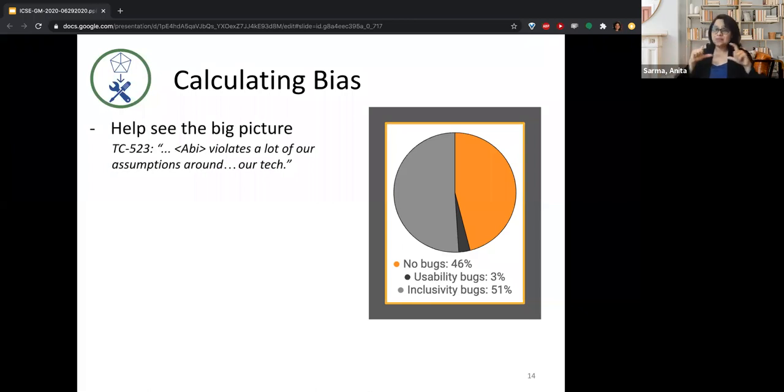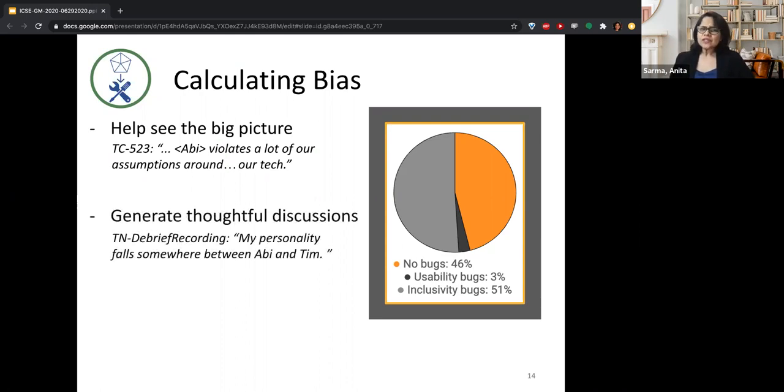This debriefing and calculating the bias gives a very compelling picture because it helps the team see the big picture. Team C here says, oh, Abby violated a lot of our assumptions around our technology. It also helped generate more thoughtful discussions.